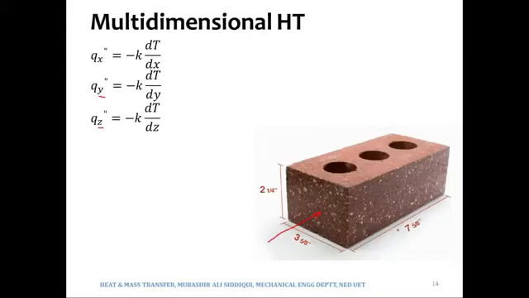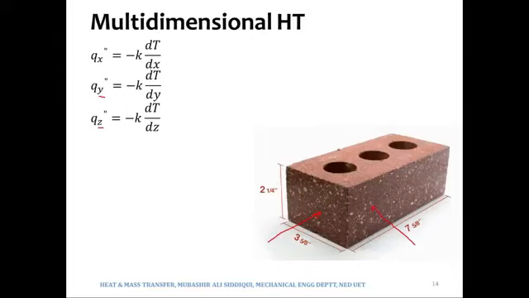When we consider the heat transfer in the y direction, because this is our y-axis, and this 3 is the length in y, the heat will be transferred in this direction, from this face, having an area of 7 by 2, to the face on the back side.